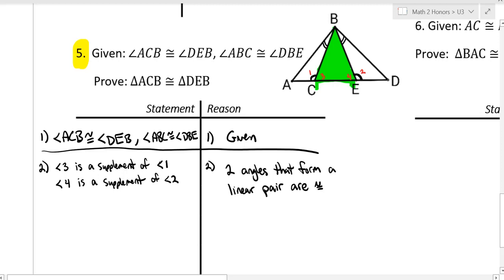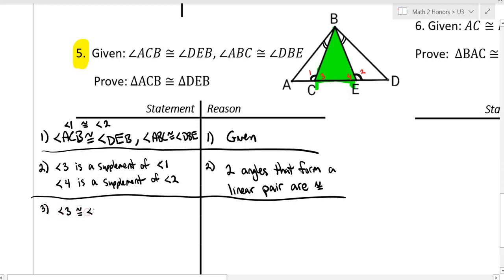Also keep in mind angle 1 is ACB, and we already know angle 1 is congruent to angle 2. Angle 2 from my diagram is DEB. So then we can say that angle 3 is congruent to angle 4. Because if angle 1 and angle 2 are congruent, then angle 3 and angle 4 have to be congruent.